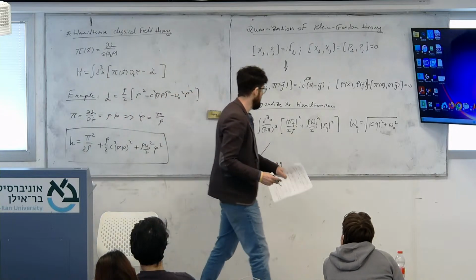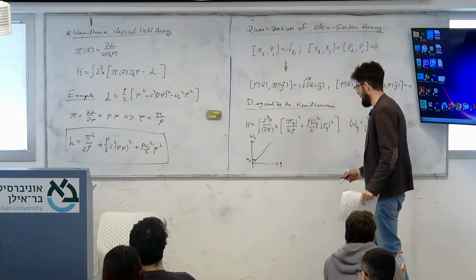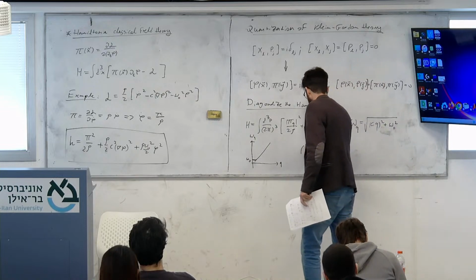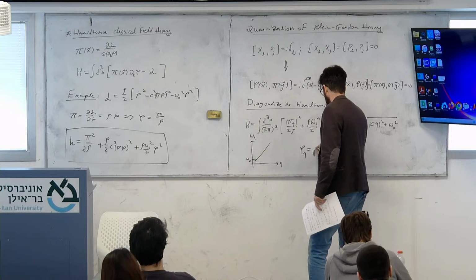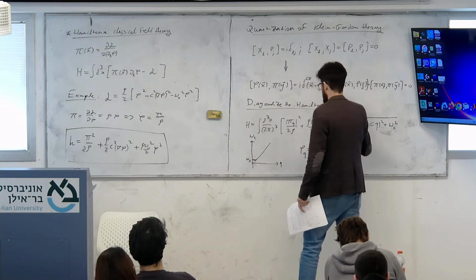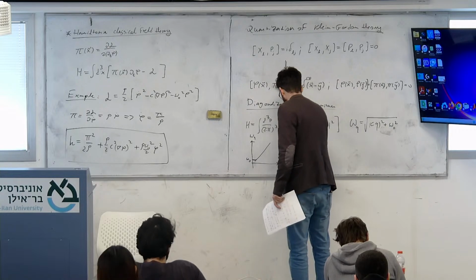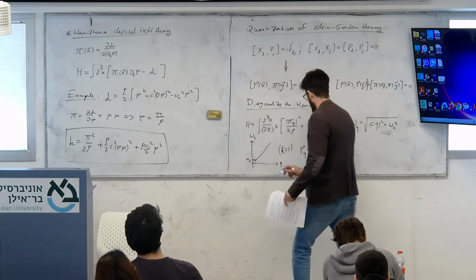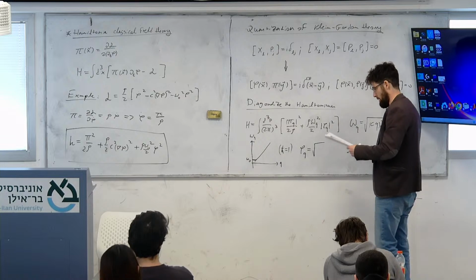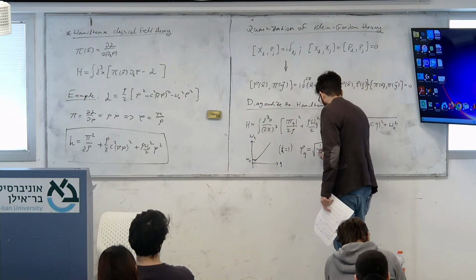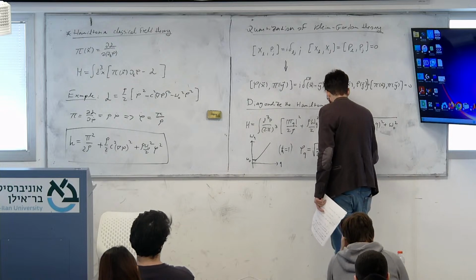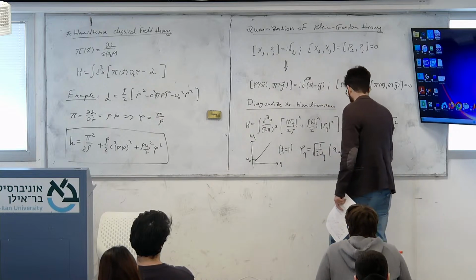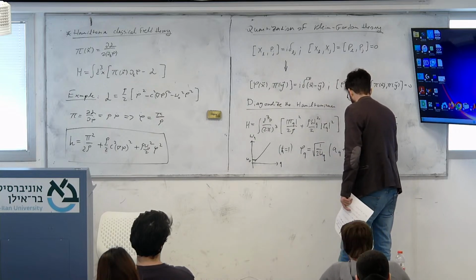The second step is to use ladder operators. So we write something like phi_q is equal to square root, now I'm going to use h bar equal to 1, because I'm lazy, of 1 over 2 omega_q, times a of q plus a dagger of minus q.